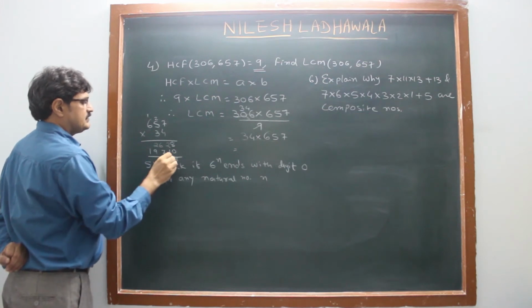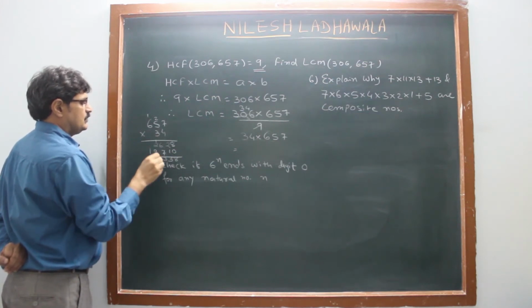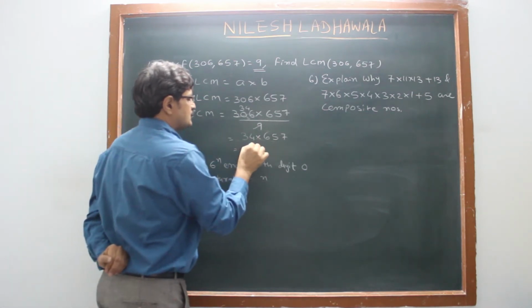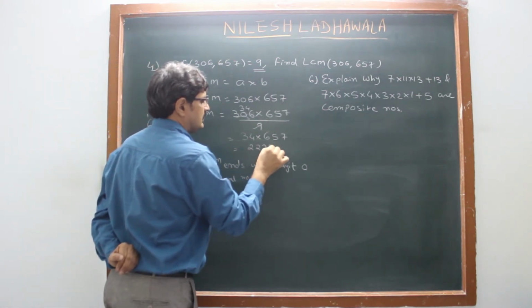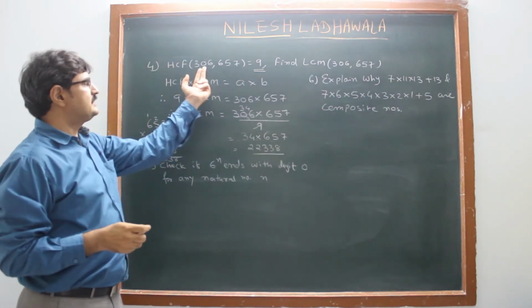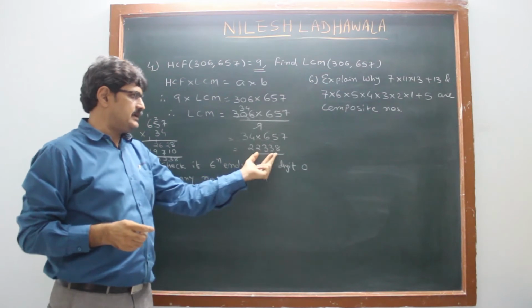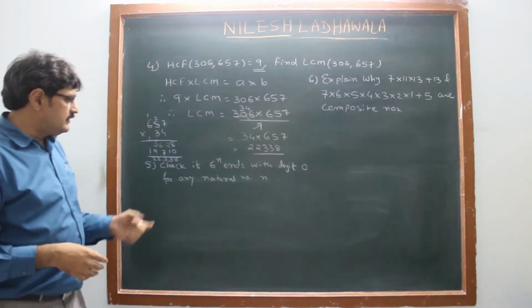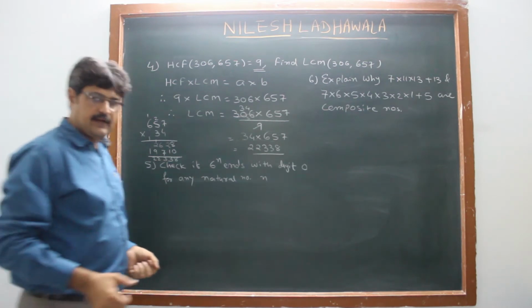It will be 8, 3, 3 carry over 1, 2 and 1, so it will be 2 2 3 8. So our answer will be 2 2 3 8, and hence I can say that the LCM of 306 and 657 will be 2 2 3 8. Got it? Now we will do question number 5.